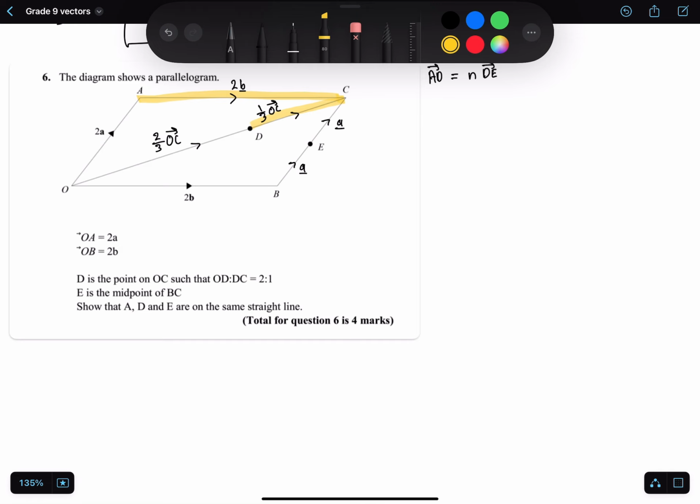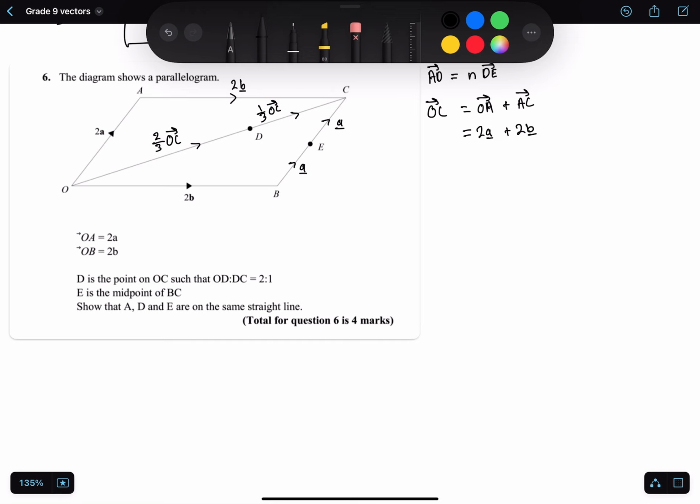and to do that, we need to calculate first what OC is. So OC equals OA plus AC, which can then be denoted by the vector 2A plus 2B.